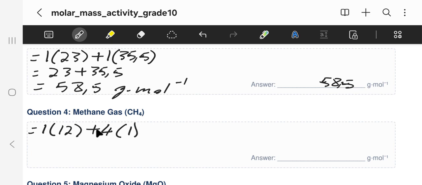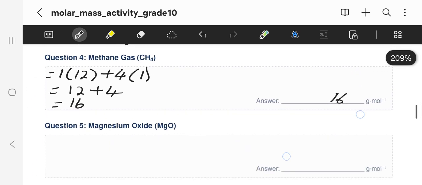Remember, we are using the numbers at the bottom of our symbols. Symbol carbon has the number 12. 1 times 12 is 12, plus 4 times 1 is 4. Then 12 plus 4 is going to be 16. And therefore, our answer is 16 grams per mole.